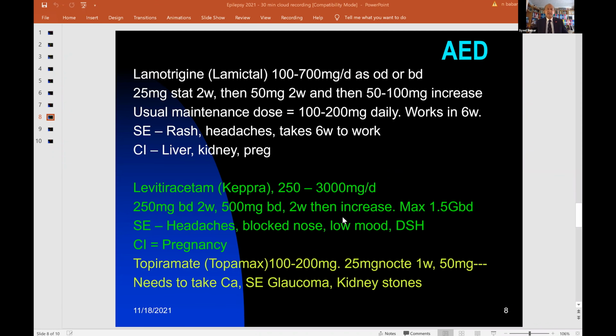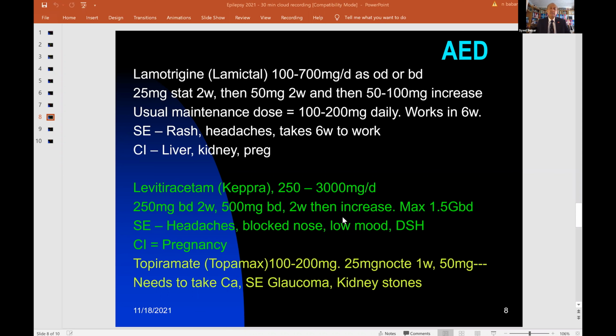Lamotrigine, or Lamictal, is also used as an anti-epileptic medication in a dose which ranges between 100 to 700 milligrams per day as single or divided doses. It's usually begun at a low dose of 25 milligrams, and then 2 weeks later it is increased by fractions of 50 milligrams.